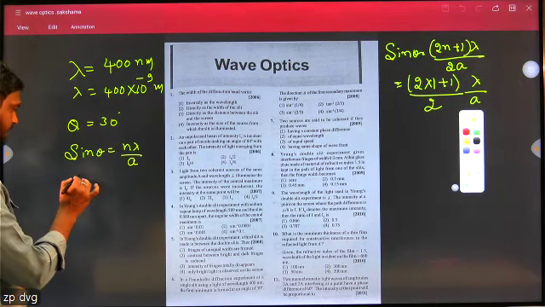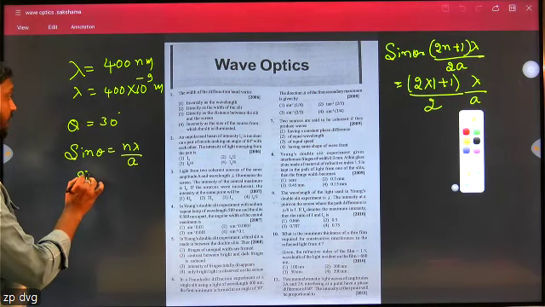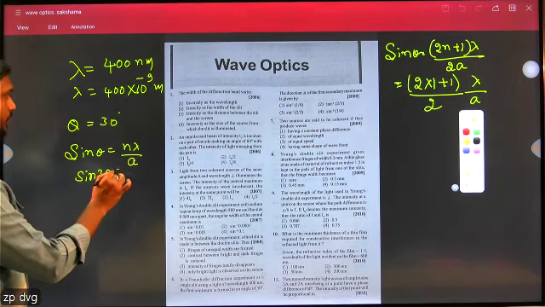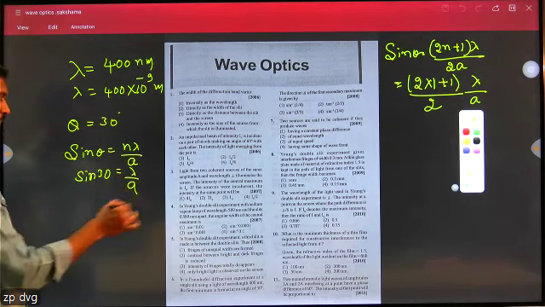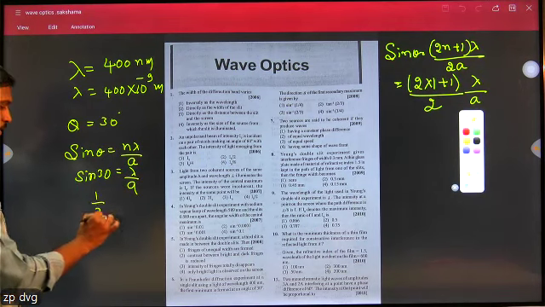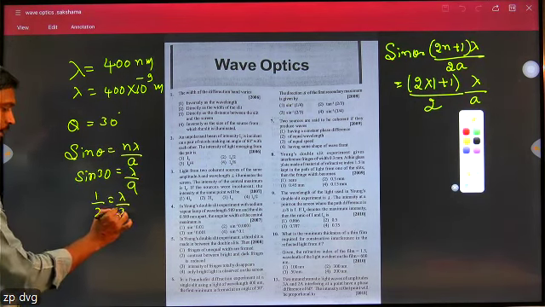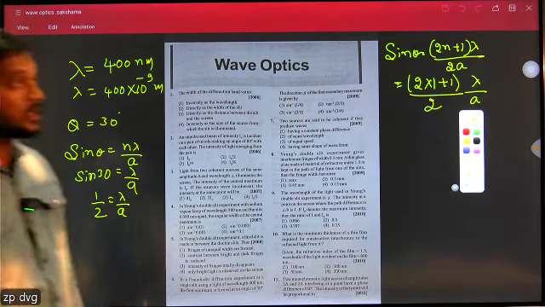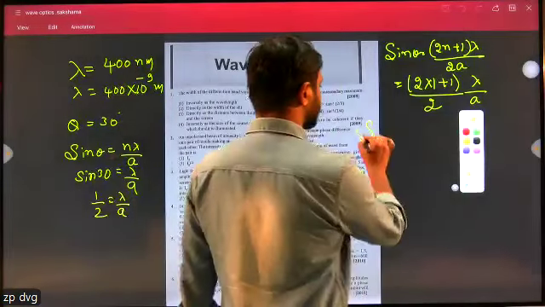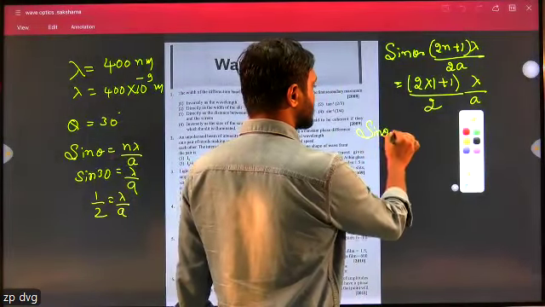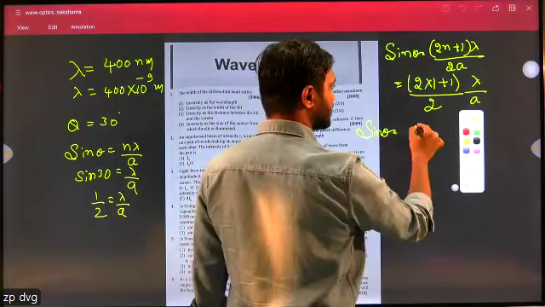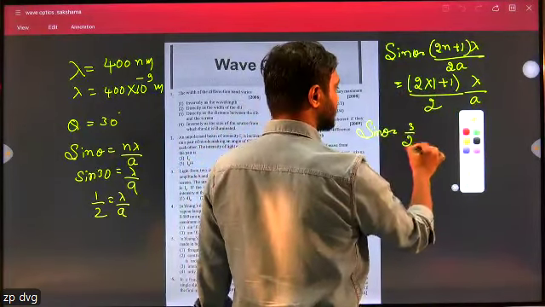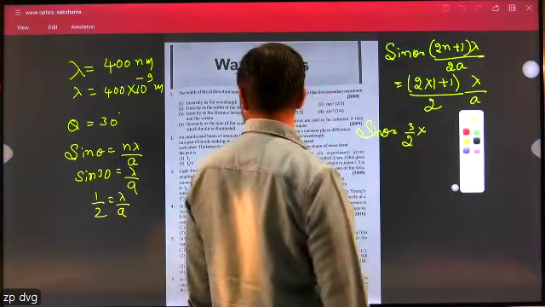So lambda by a: sin theta, that is sin 30, equals first minima, that is n equals 1, lambda by a. Sin 30 is nothing but 1 by 2, that is lambda by a. Is it clear? So then sin theta equals 2 into 1 plus 1, 3 by 2 into lambda by a.